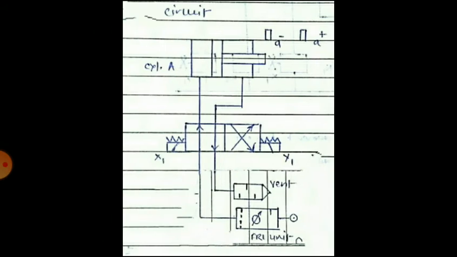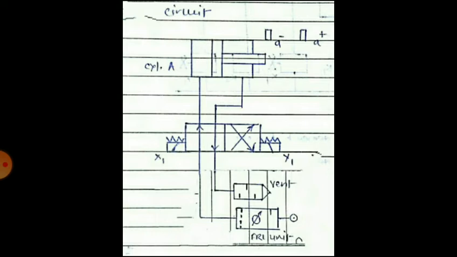Now for solving the problem, you have to first draw a pneumatic circuit. So you can see at the bottom there is a FRL unit, then there is a vent, then there is a direction control valve. The direction control valve is a 4 by 2 double operated or both side solenoid operated valve.